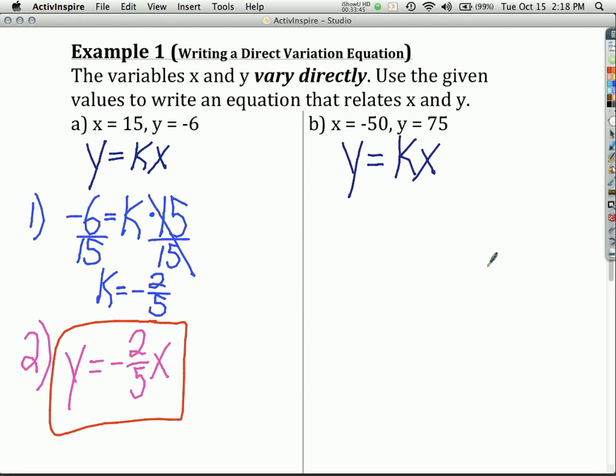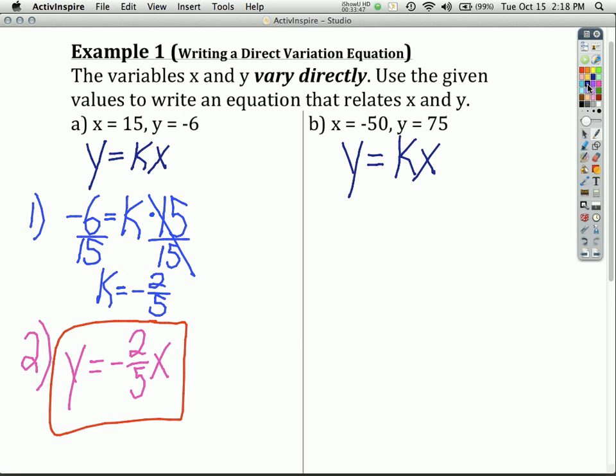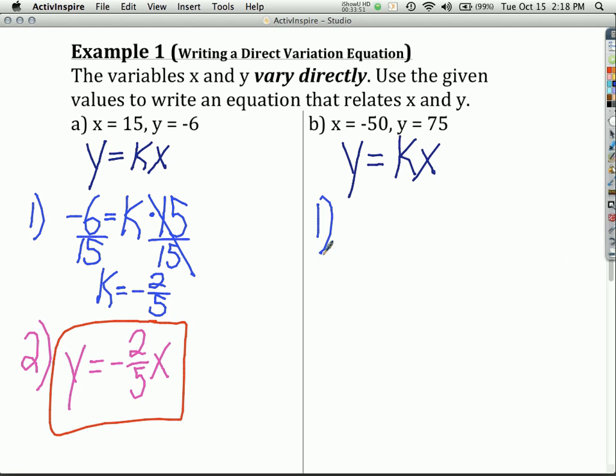Okay, well, give us a chance to catch up to you. Step 1, we need to find k, so we're going to plug in the information. 75 equals k times -50. So what will k equal? Go ahead, Nathaniel.